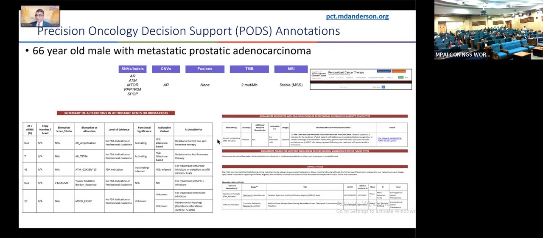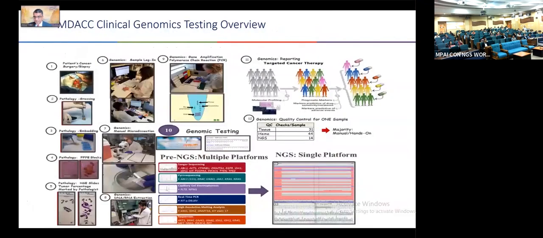Unfortunately, I won't be able to go through some of these in the interest of time, but I just wanted to point out that all of this growth is in fact under a larger umbrella of a bigger genomics program, where we are able to leverage all of this information and contribute back to patient care directly.